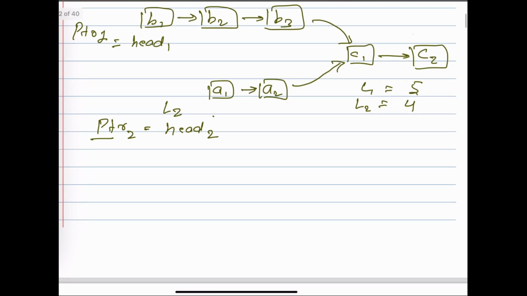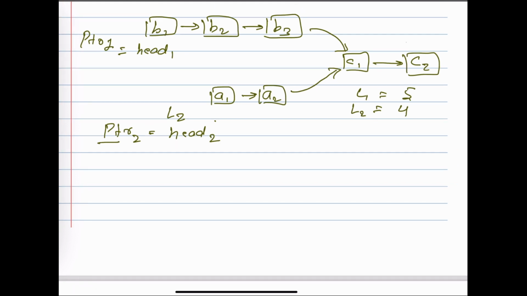So you can see in this case, we will compare our B1 with A1. Again, compare B2 with A2 and compare B3 with C1. We'll keep on doing this until my pointer 1 is equal to my pointer 2. If my pointer 1 is equal to pointer 2, it says that we found the intersection, right?